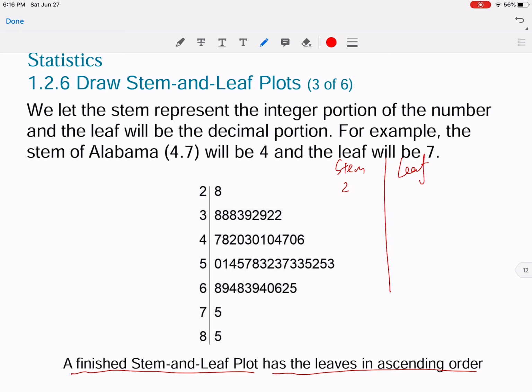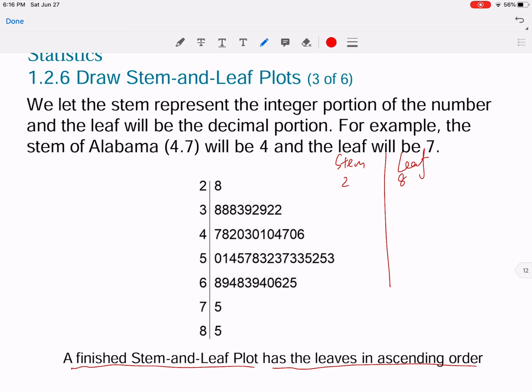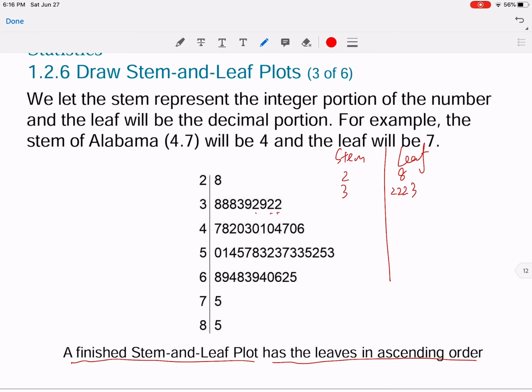Stem 2. Since we only have 1 number, that would be 8 here. And then stem 3, we gotta reorder this. The smallest number is 2, and we got 3 of them, so 2, 2, 2. And then 3, and then we got 8, 8, 8, 8, and two 9s, 9, 9.